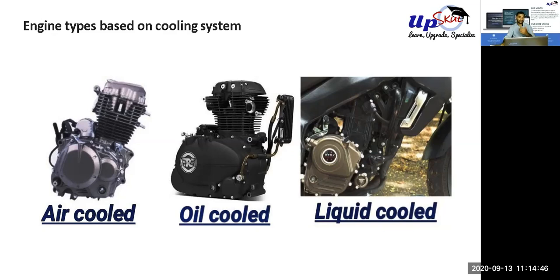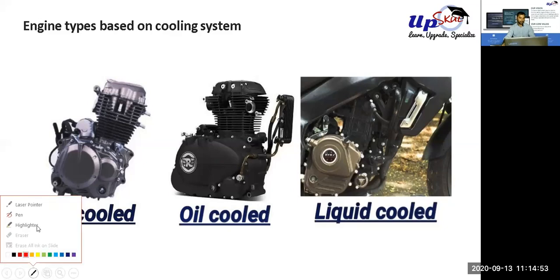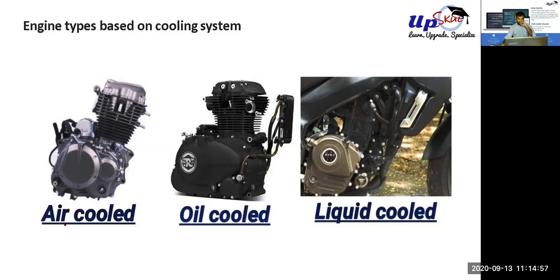As you can see in motorcycles especially, you can see all these three kinds of engines: air cooled, oil cooled, and liquid cooled. So what is the difference? Basically, air cooled, as it says, has no separate cooling mechanism. The fins do the cooling; heat is rejected through the fins only.